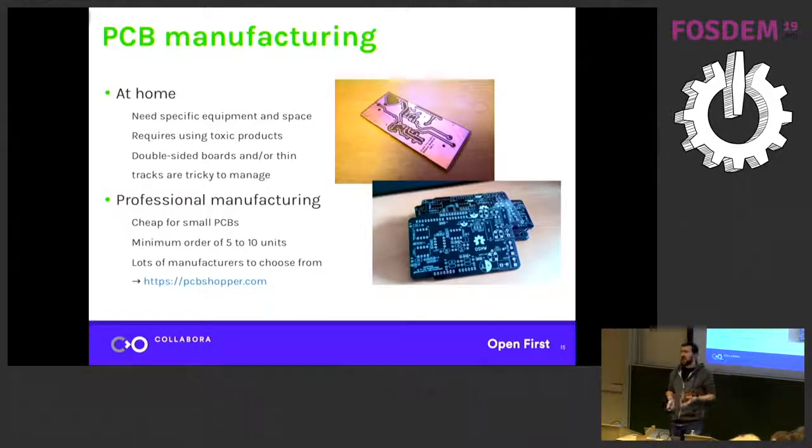And there are lots of manufacturers to choose from. You have a website which is PCB Shopper, which is really nice and compares the prices and delays of every manufacturer, or I think every manufacturer, given the size and a few technical requirements for your PCBs.